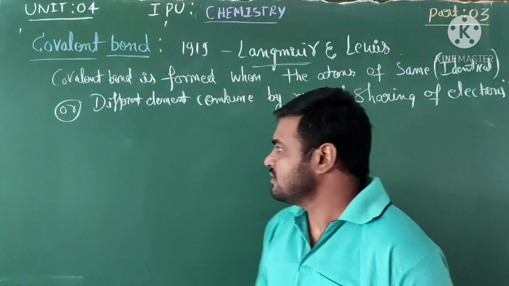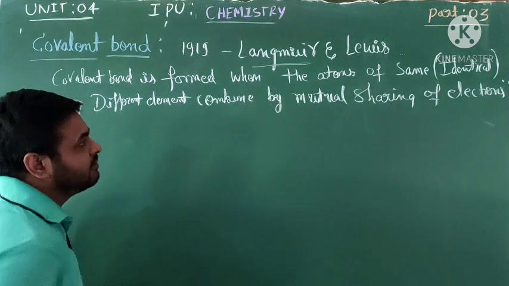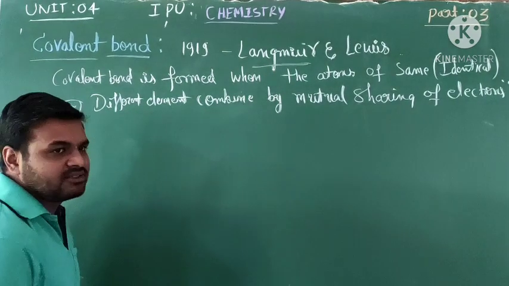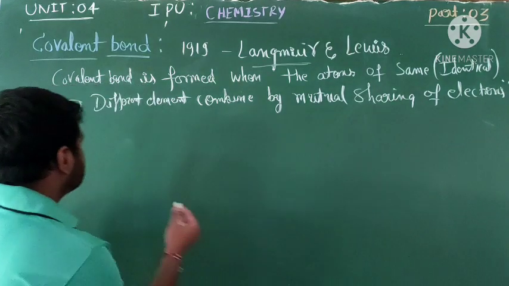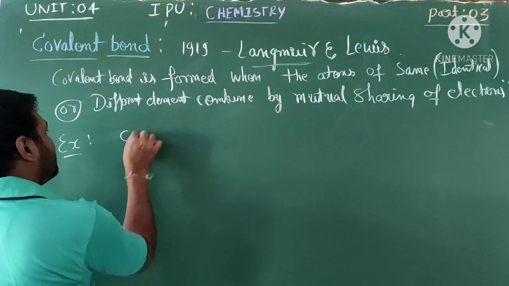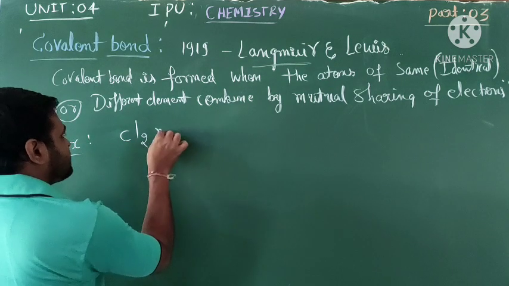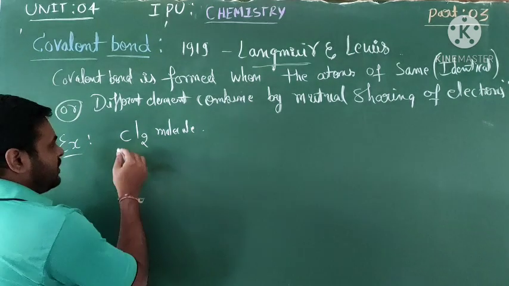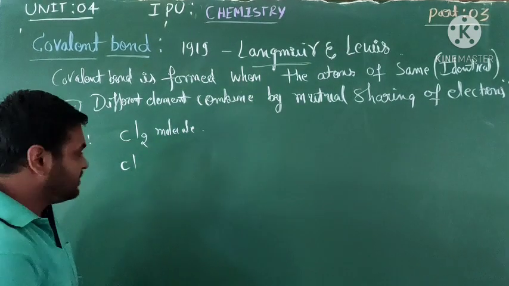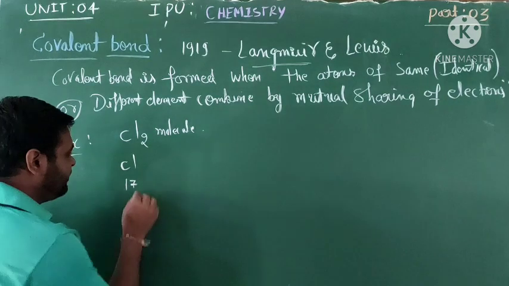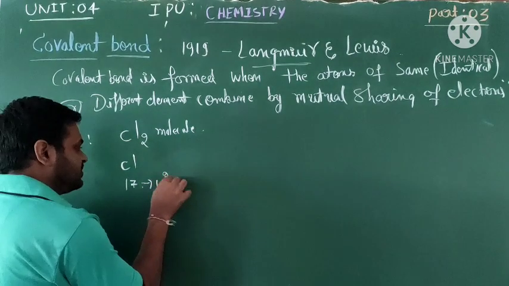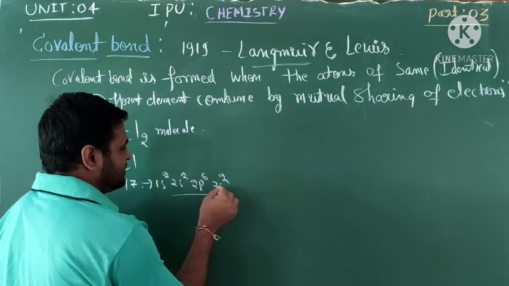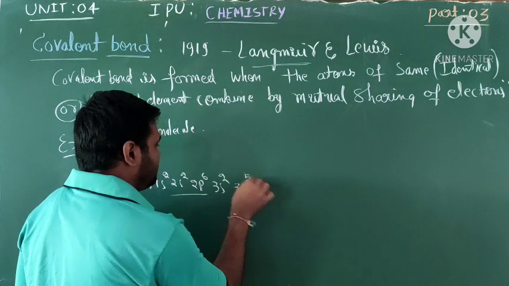Okay? So see here an example of the same elements, like hydrogen molecules or chlorine molecules. Take chlorine molecules. Okay. So chlorine, what is the atomic number? It is 17. So you write 1s2, 2s2, 2p6, 3s2, 3p5.